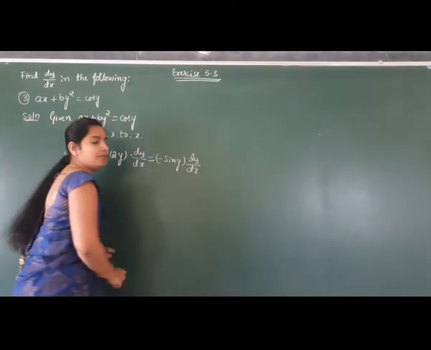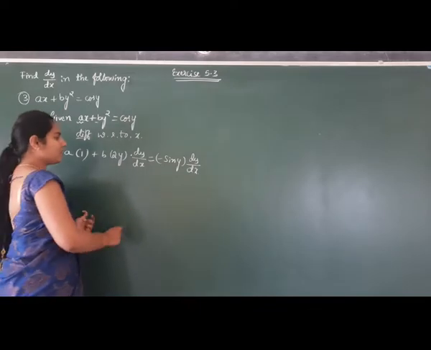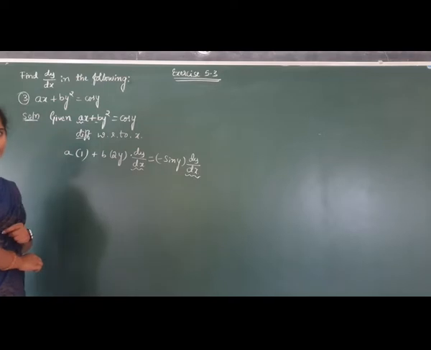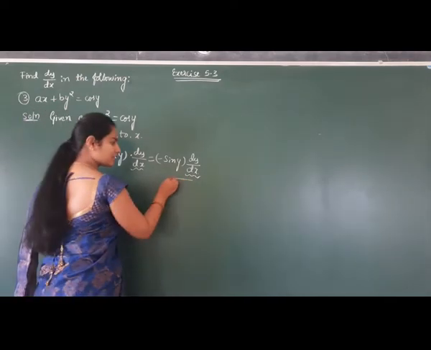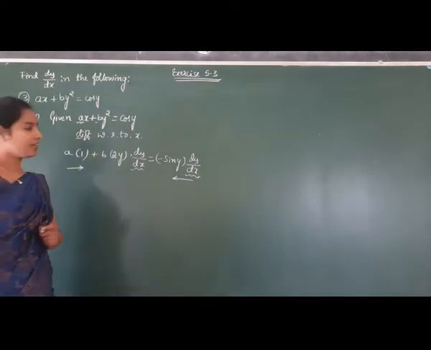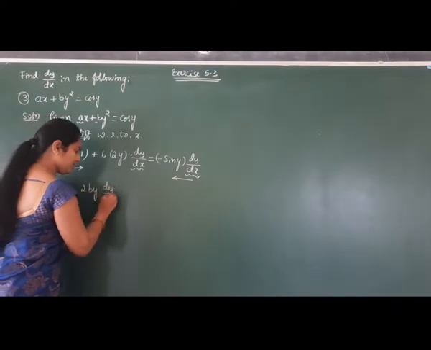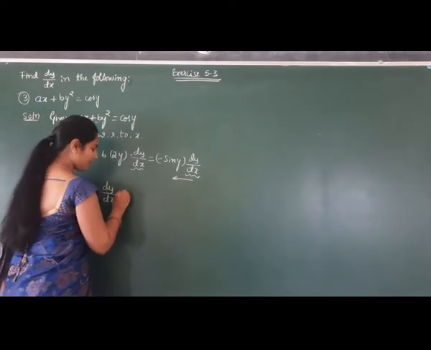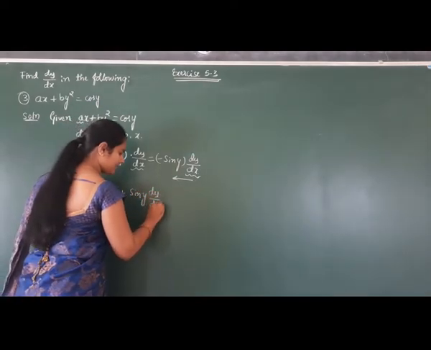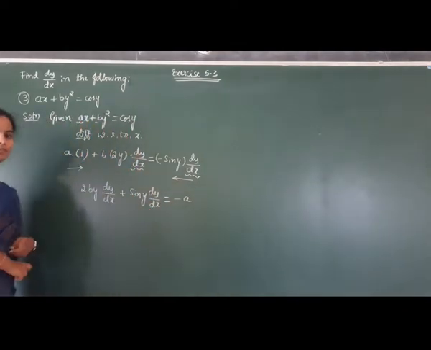Now collect all the terms of dy by dx on one side. I will transfer this term to the LHS and this term to the RHS. Then we have 2by into dy by dx plus sin y into dy by dx is equal to minus a.